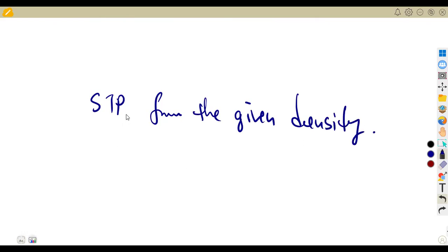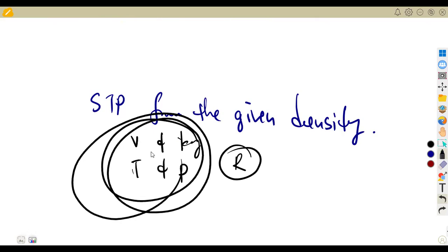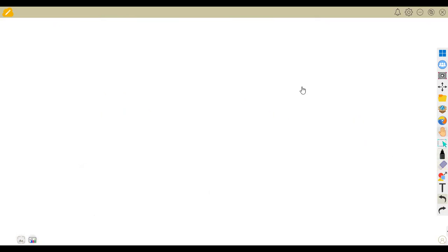It is the one that you use to find the volume and the mass. With the temperature and the pressure at STP, volume, mass, temperature, pressure is enough for us to calculate R. So they won't give you R because they know that you'll have the full information necessary for you to calculate R.